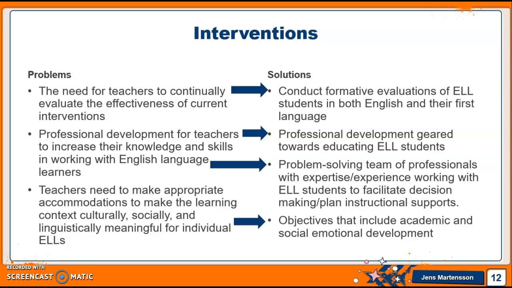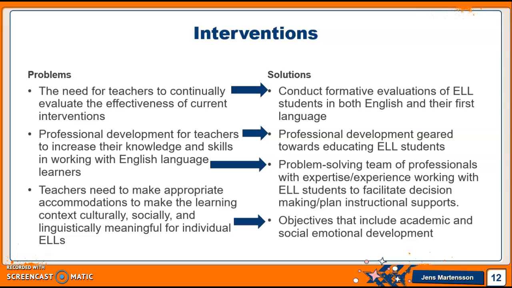Interventions. Some of the problems that were mentioned were that teachers need to continually evaluate the effectiveness of their current interventions, their need for professional development in working with ELL students, and teachers need to make appropriate accommodations to make the learning context culturally, socially, and linguistically meaningful for ELL students.